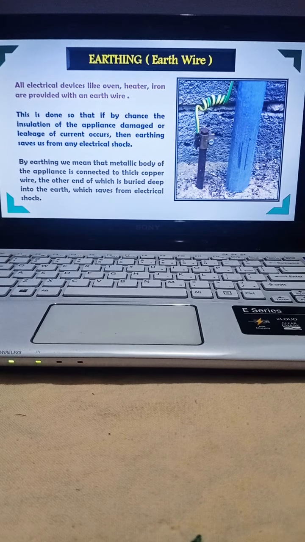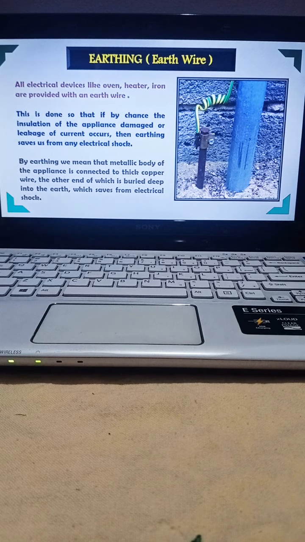When we connect the plug in that board to use any appliance, through the plug the earthing gets connected to the appliance, and if any leakage of current occurs, the earthing saves us from electrical shock. So this is earthing.